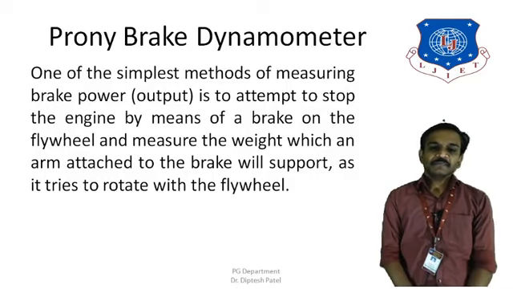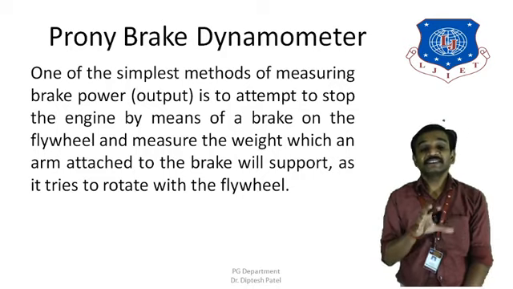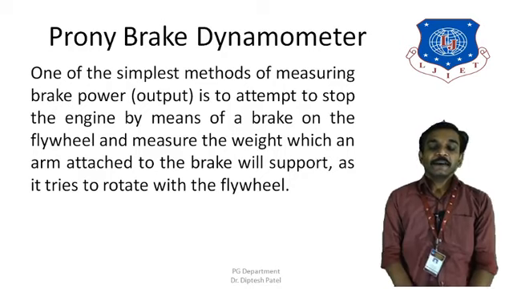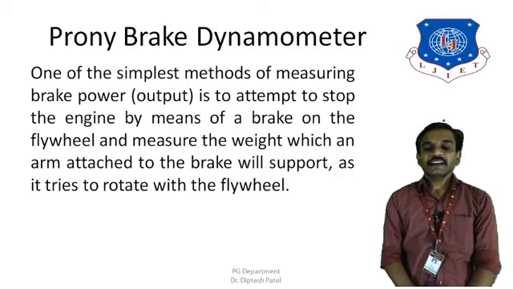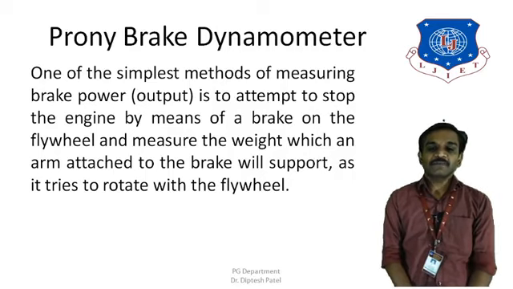So the dynamometer tries to stop the engine with the help of a brake. We know that whatever power is generated in the engine is transmitted to the output shaft, also called the flywheel.